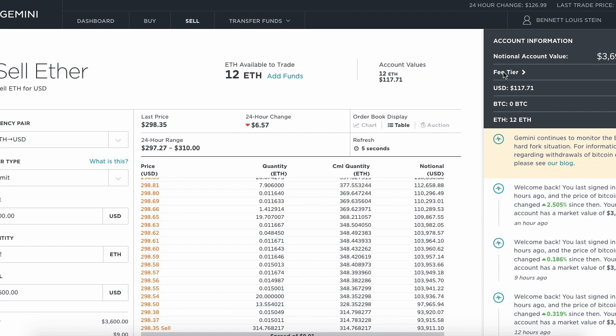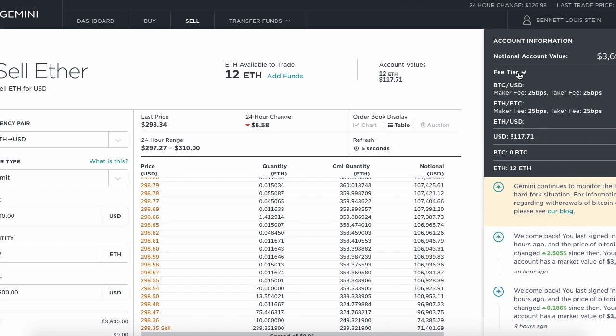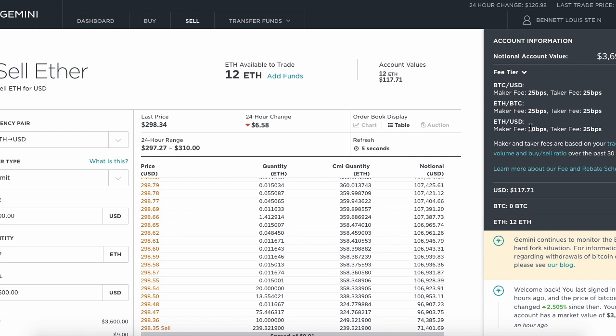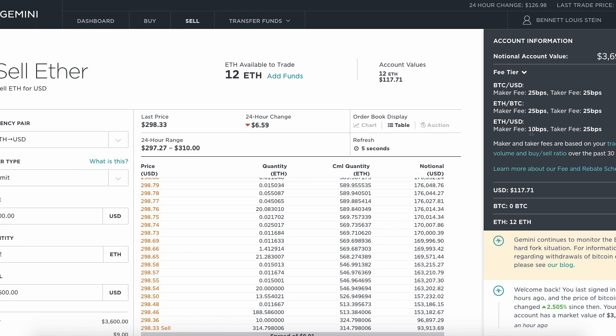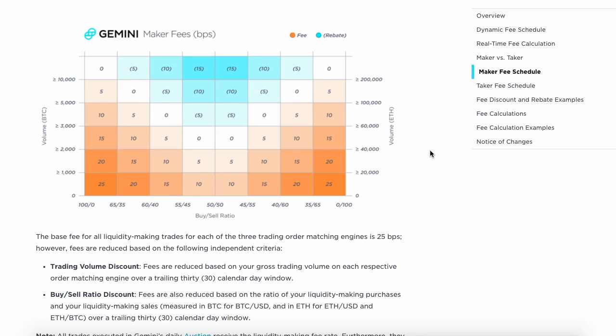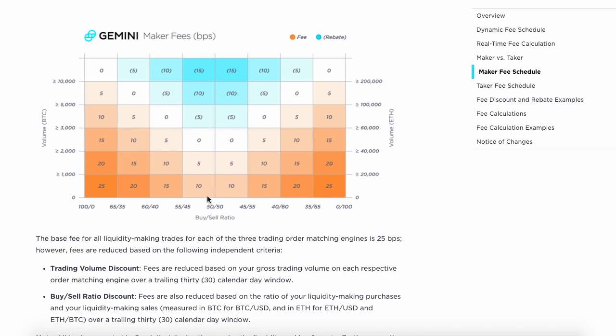And currently I do have that right now, as you can see, with fee tier. On GUSD, I have a 10 BPS maker fee because of all the buying and selling I've been doing in day trading of Ethereum.